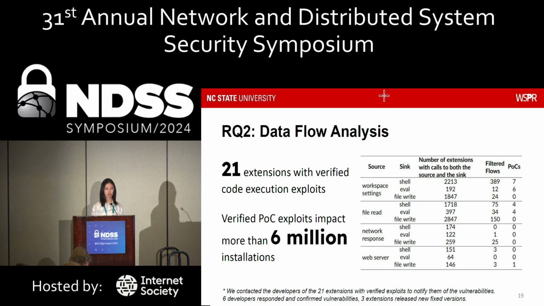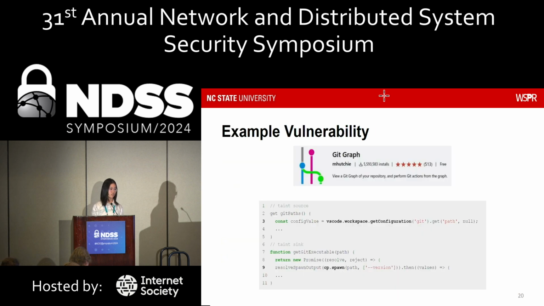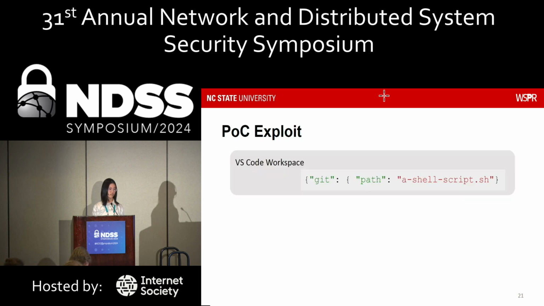All right, so we have numbers for data flows, vulnerabilities, and exploits. Let's go back to the Git Graph extension and see what it actually looks like. Our queries found data flowing from a workspace setting in line 3 to a shell command in line 9. To exploit this, imagine you have in your VS Code workspace this very particular value, which sets the Git path to a shell script.